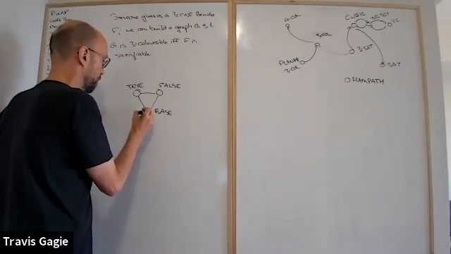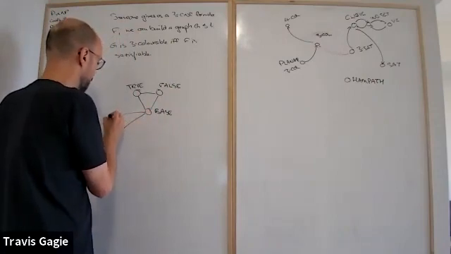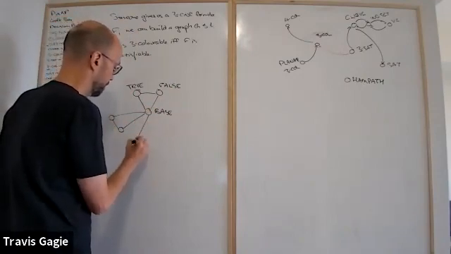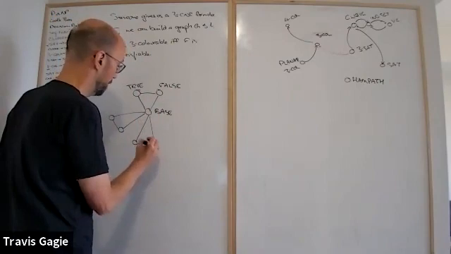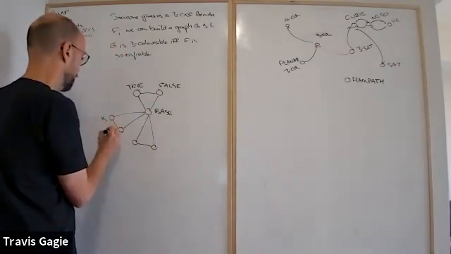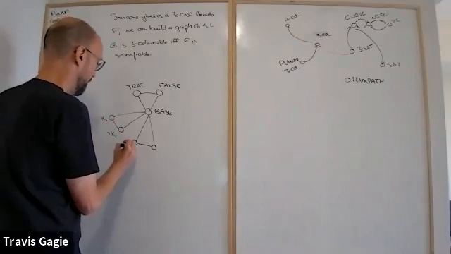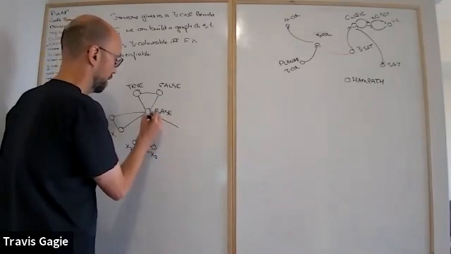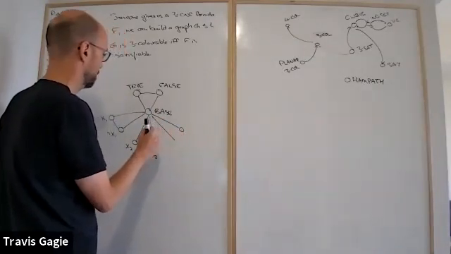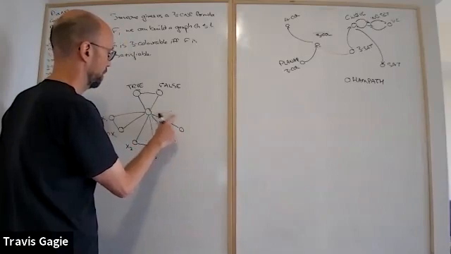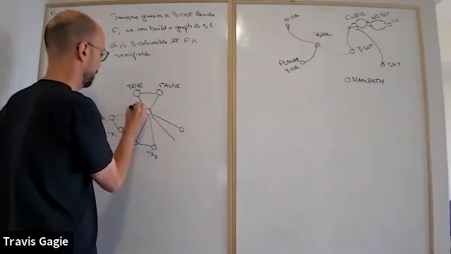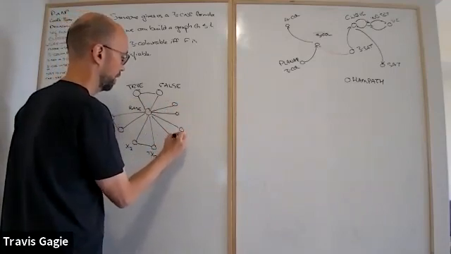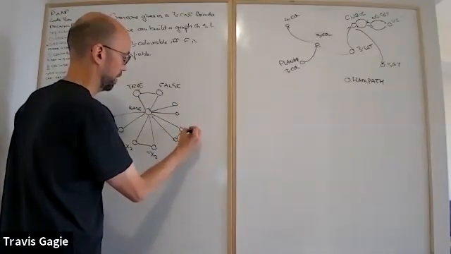And then for each literal in the formula F, we're going to have x1 and not x1, and x2 and not x2. I'm going to write base over here so that I can have base. And I can have x3, not x3.